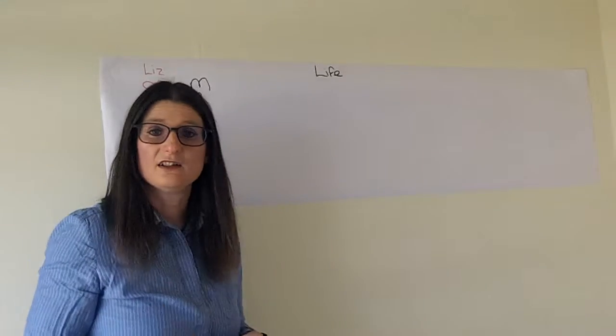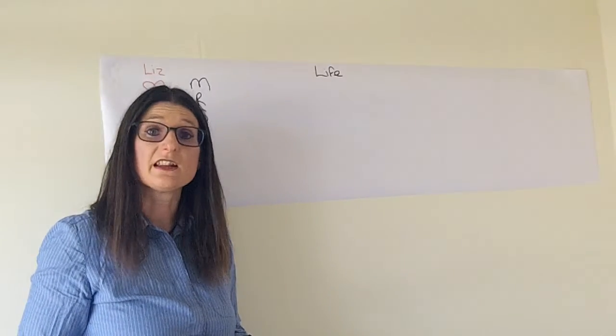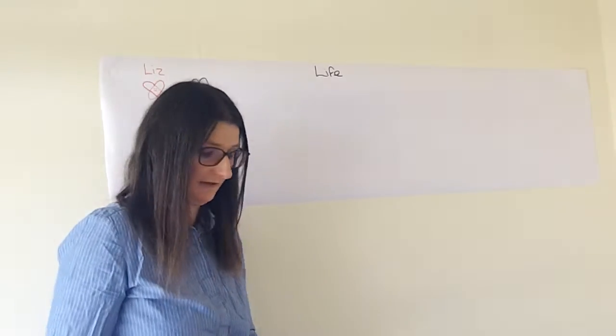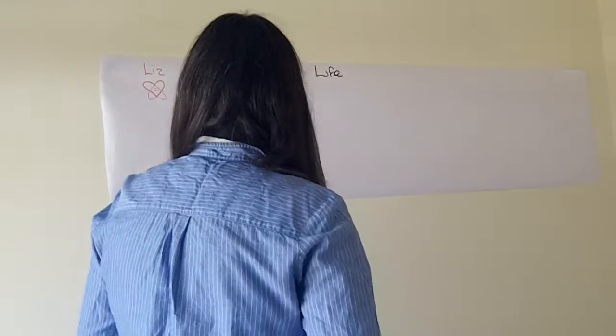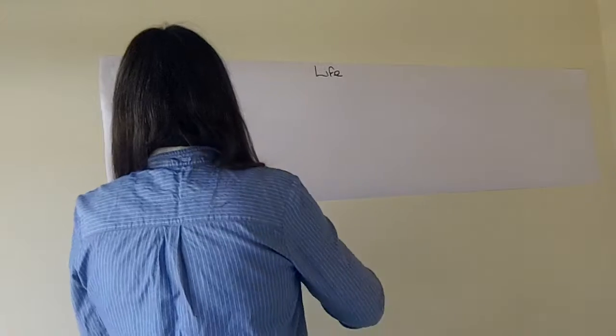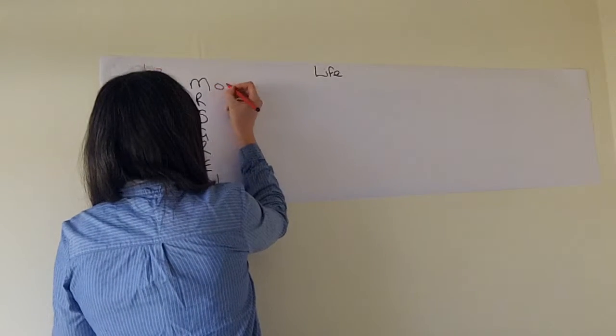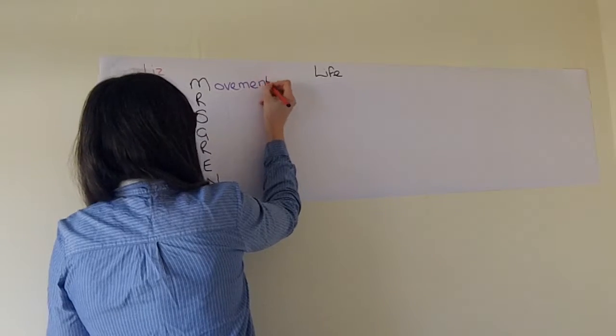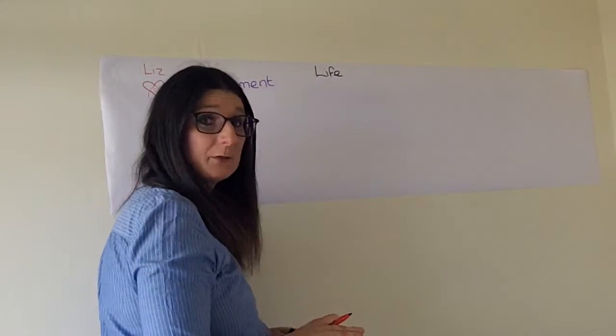And these are the 7 things that anything that's alive must be able to do. So what do these things stand for? So the M is movement. Everything that's alive is able to move.